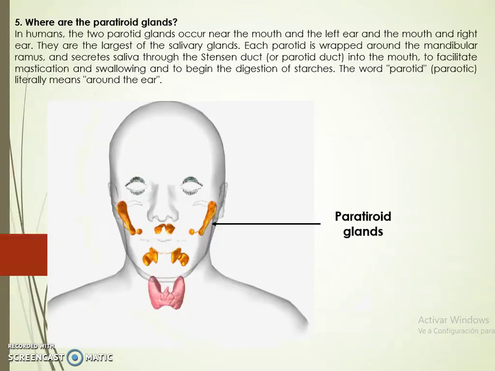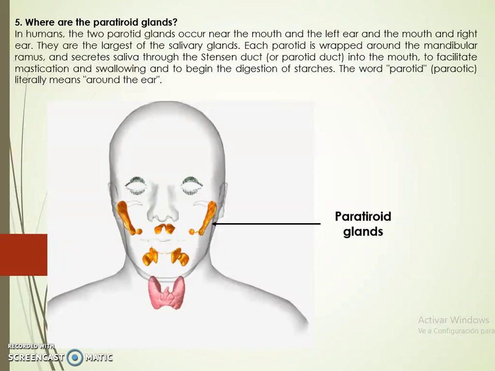Where are the parotid glands? In humans, the 2 parotid glands occur near the mouth and the left ear and the mouth and right ear. They are the largest of the salivary glands.